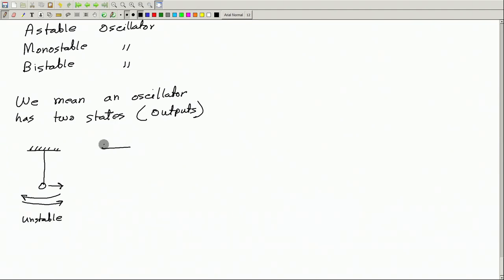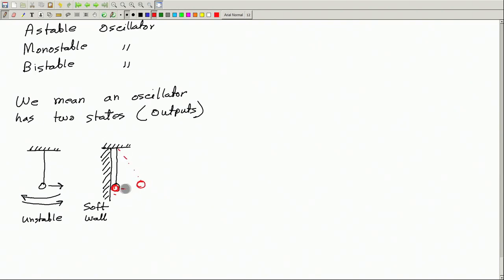Now let's think of another pendulum where we have a wall, a soft wall or a cushion, and the pendulum is hanging from here. It has two states. This is one position, and the other position is here.